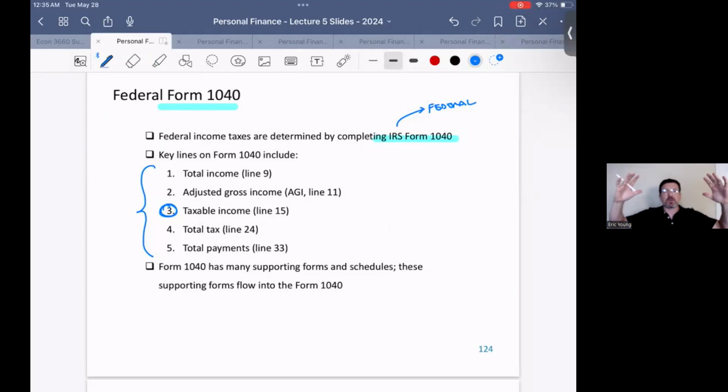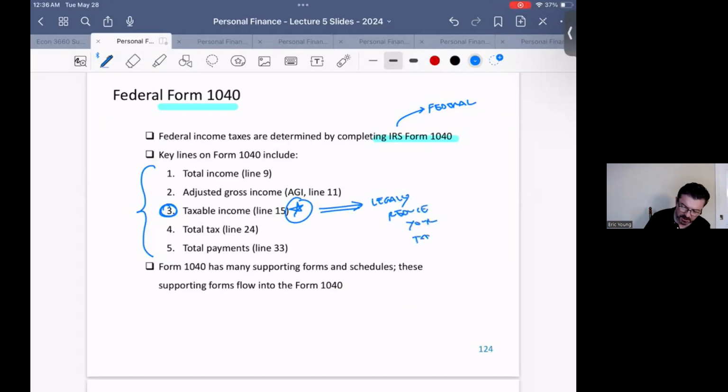That's chipped down and reduced to your adjusted gross income, and that's chipped down and reduced to your taxable income. The taxable income is the number that determines the tax that you pay. And therefore, one of your goals in tax planning is to legally reduce your taxable income.